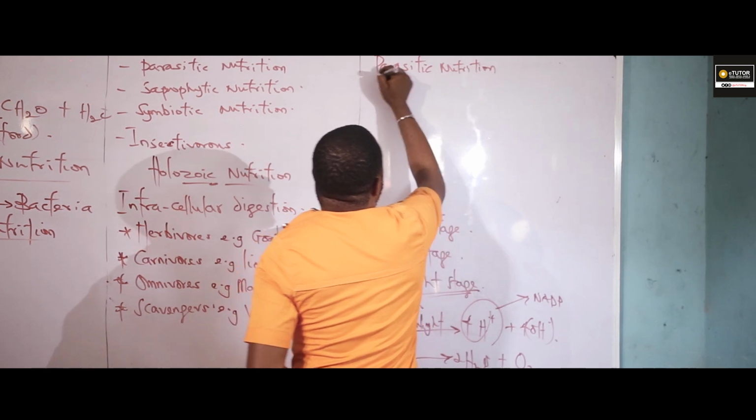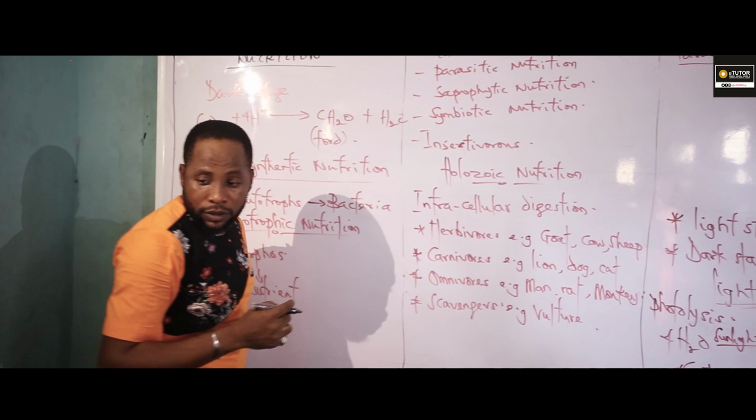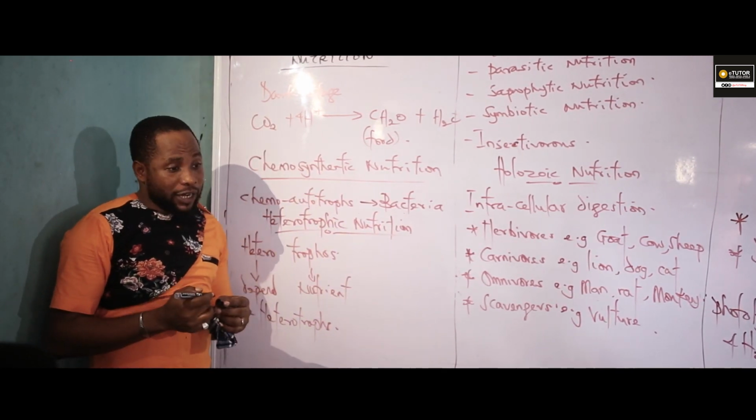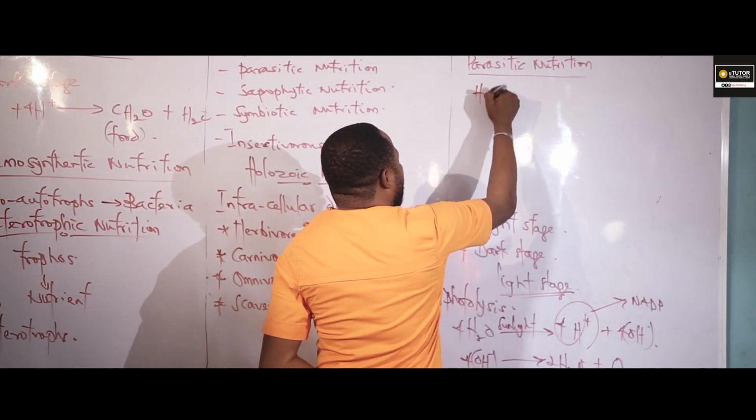Now, this is a type of nutrition in which it involves two organisms called host and parasite.